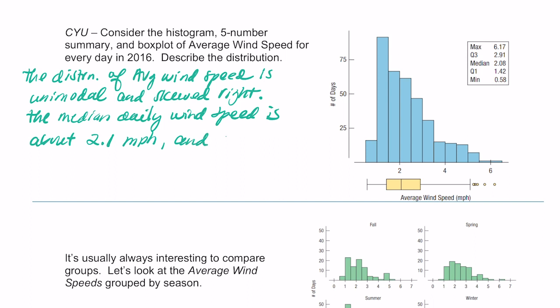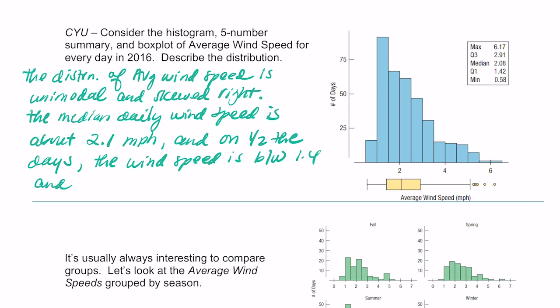And on half the days, again, that's your middle 50%, the wind speed is between 1.4, that's your Q1, and 2.9 miles per hour, that's your Q3, and again, that makes up the IQR. And then it's worth mentioning there was a windy day of about 6.17 miles per hour.